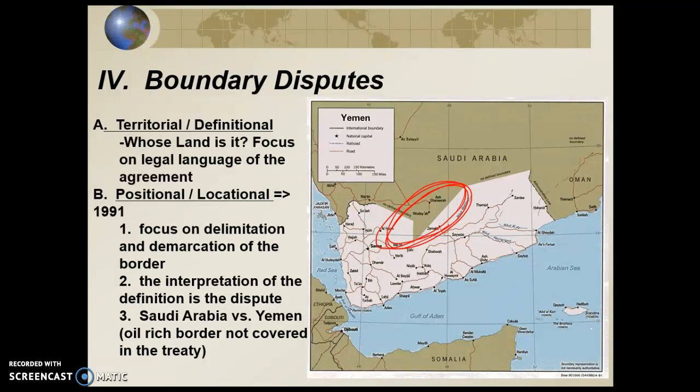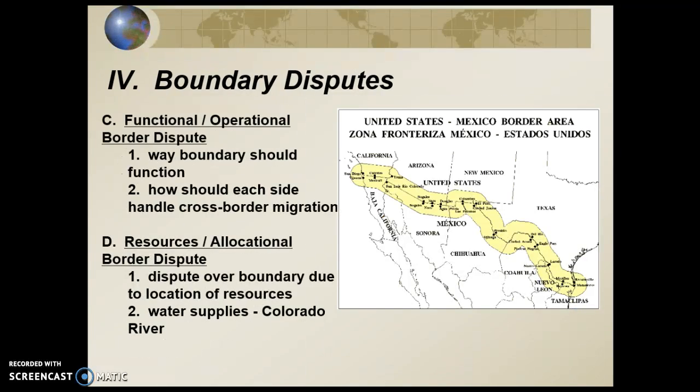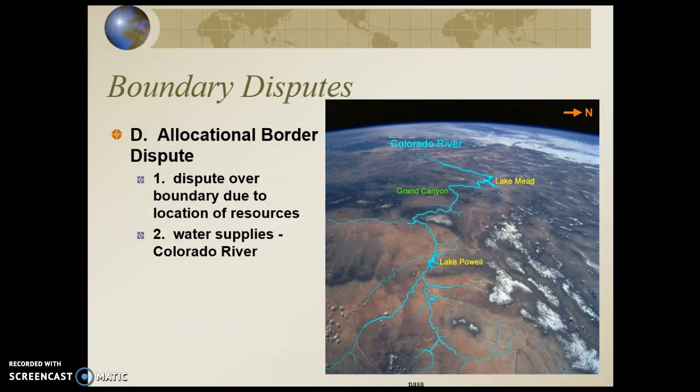So, territorial, definitional. Functional, operational, this is the United States and Mexico, right? Border dispute. How do we handle immigration from each side to another? Our solution is build a wall. Mexico wants something else. And sometimes we also have resource allocational issues, allocational borders. The Colorado River provides water to basically a third of the Midwest.